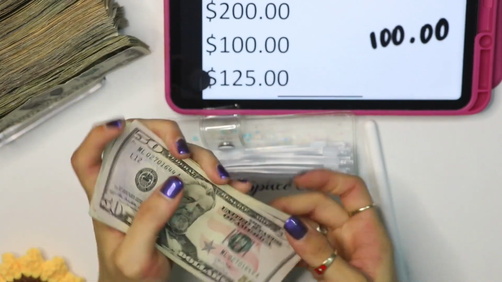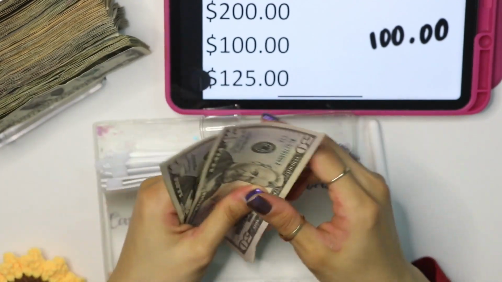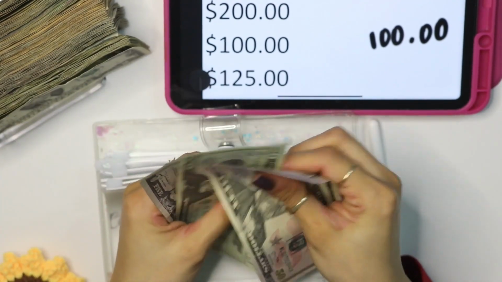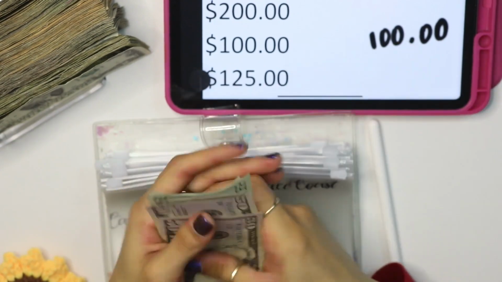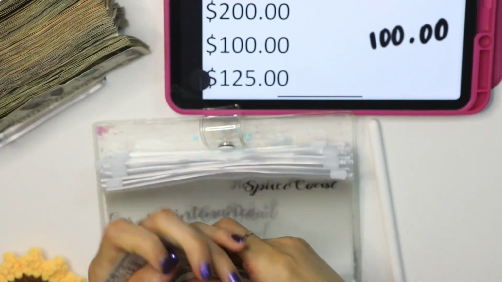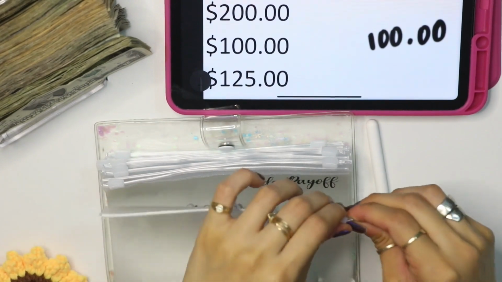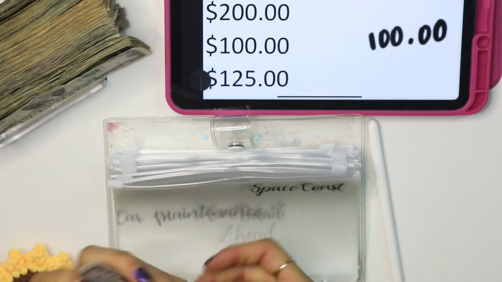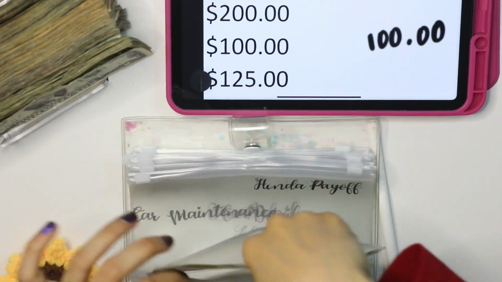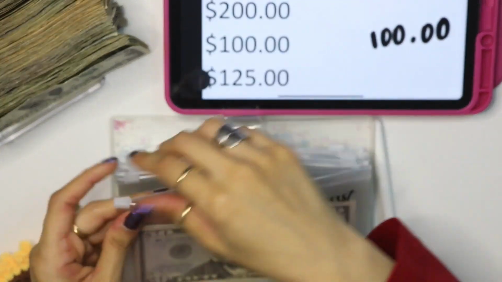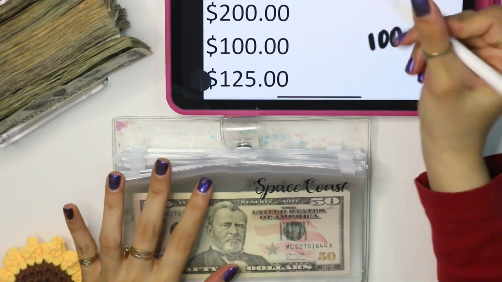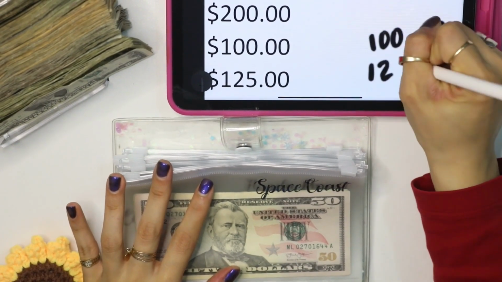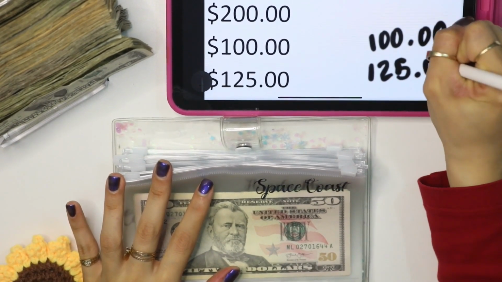All right. So we have 50, 120, 125. Sorry, it was like my brain lagged for a second. I mean, it took me forever to set this setup up, so that was a nightmare. Okay, this has 125.